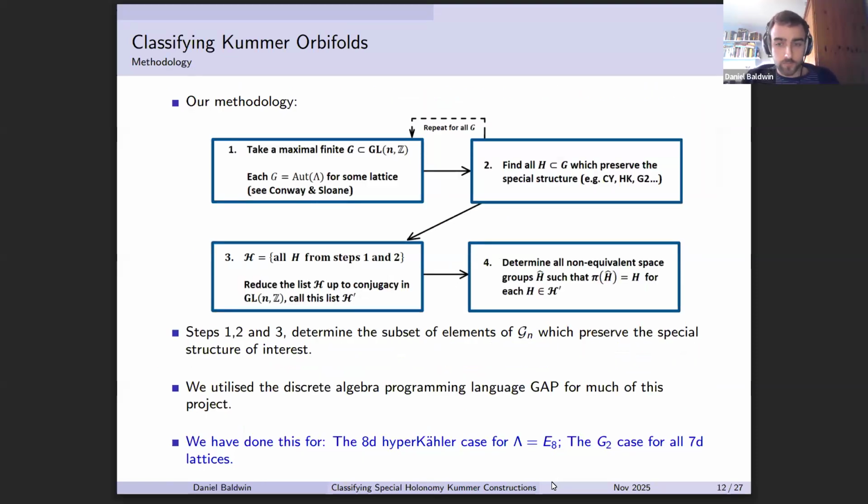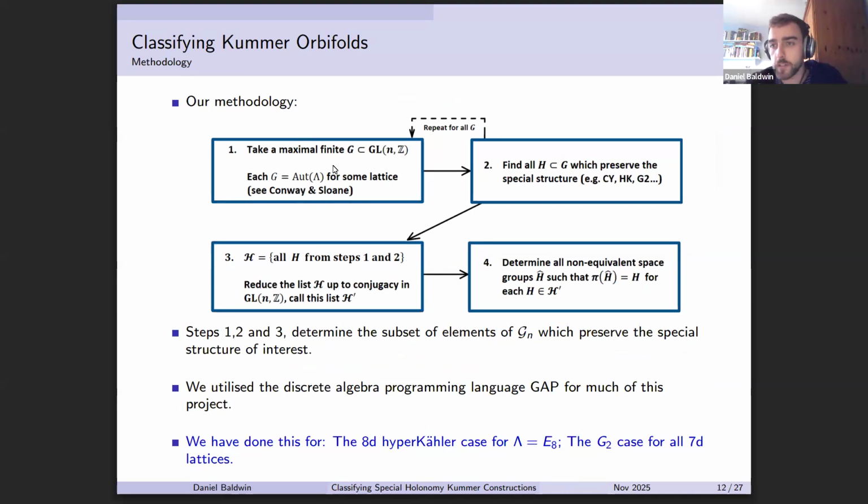Okay, so our methodology is the following. We start by taking a maximal finite subgroup G of GL(n,Z). These are all characterized as automorphism groups of some lattice, thanks to work of Conway and Sloane. So I'll say a bit more about that in a second.